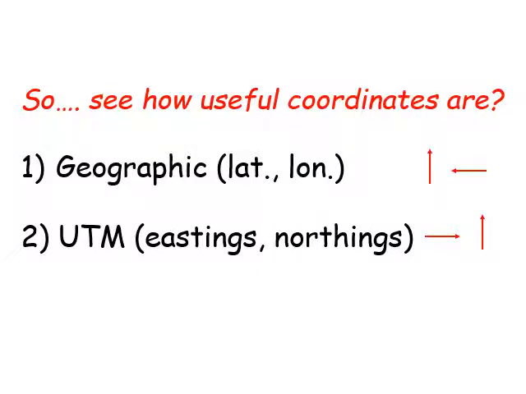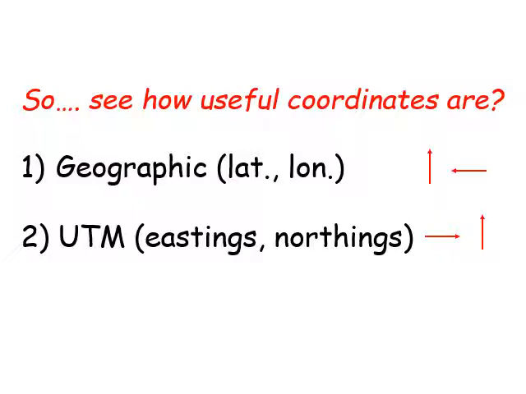So for all locations on Earth, we can indicate the location in either a geographic or a projected coordinate system. In the geographic coordinate system, it would be degrees north or south, and then degrees east or west.